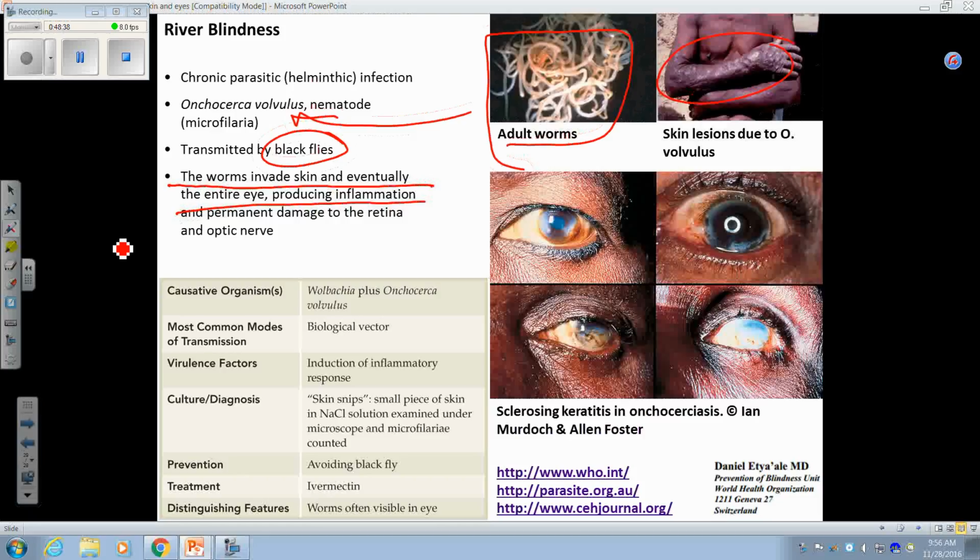So essentially, the drug has to be given for about 20 years, because the highest possible lifespan for the worm is 20 years. Eventually, it will just die. Does that make sense? And of course, control of black flies. Okay, that was the vector control.